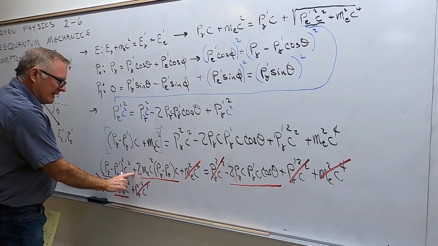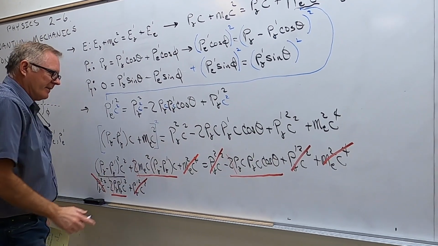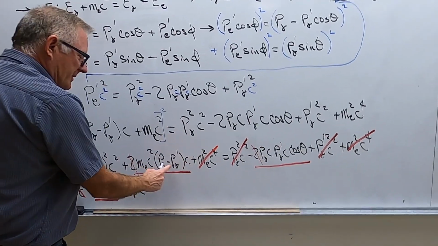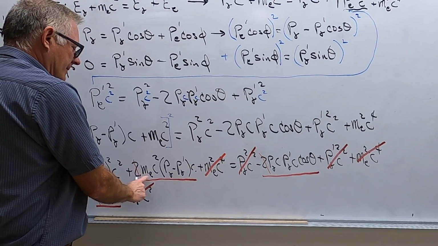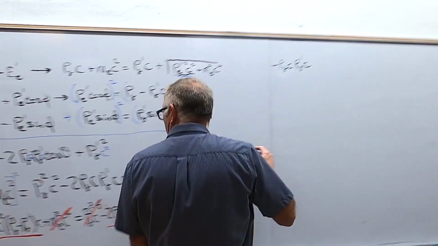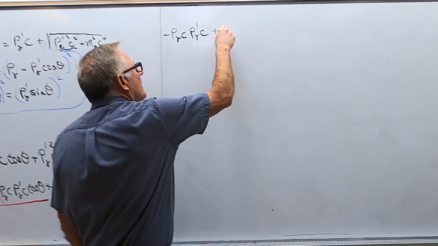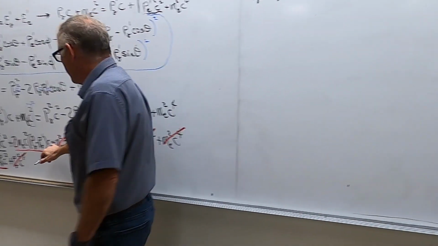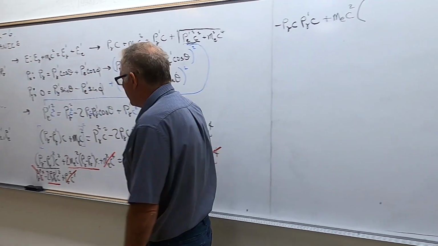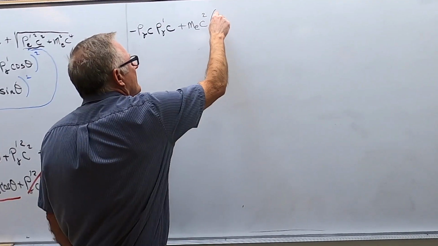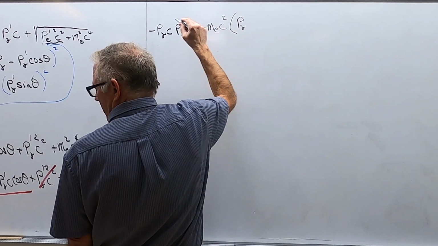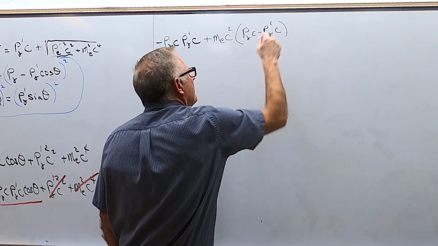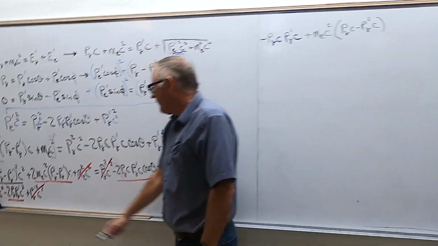Then I've got plus M sub E C squared times (P gamma C minus P gamma prime C), putting the C inside. So that's the whole left-hand side.